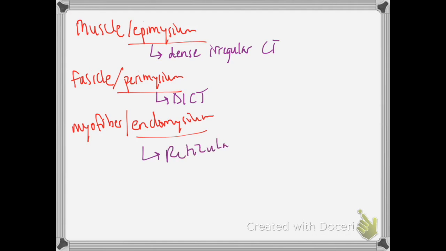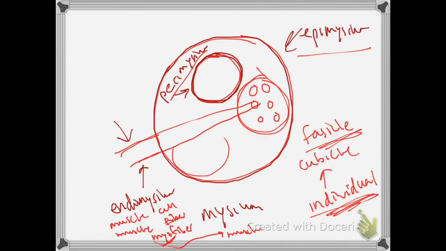And let's see why. If you think about dense irregular connective tissue, it's really stiff, it's really fibrous, it doesn't allow us to move a lot. So you don't want this dense irregular connective tissue around these individual muscle cells, because don't forget, these muscle cells are made up of these contractile units called myofibrils, and these individual units called sarcomeres, and these smaller things called myofilaments. We're about to get into all that.